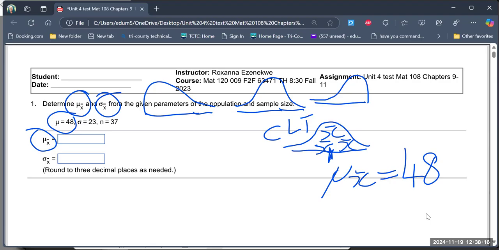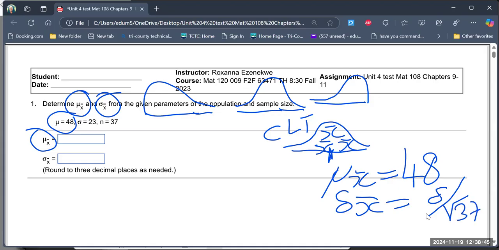Okay. So the mean of the central limit theorem is 48. The standard deviation of the central limit theorem, which is called the standard error, is equal to the standard deviation of the original data, 23, divided by the square root of the sample size. Sample size is 37.